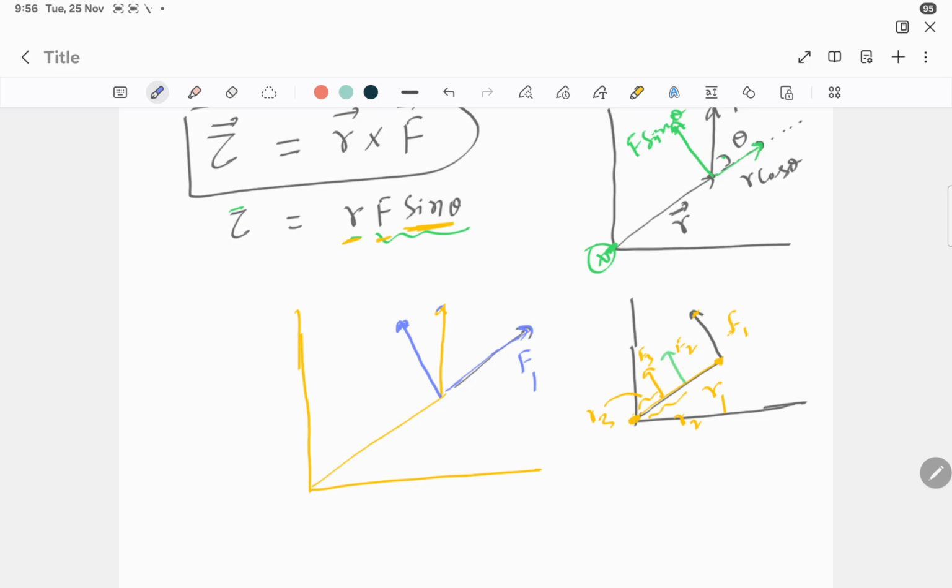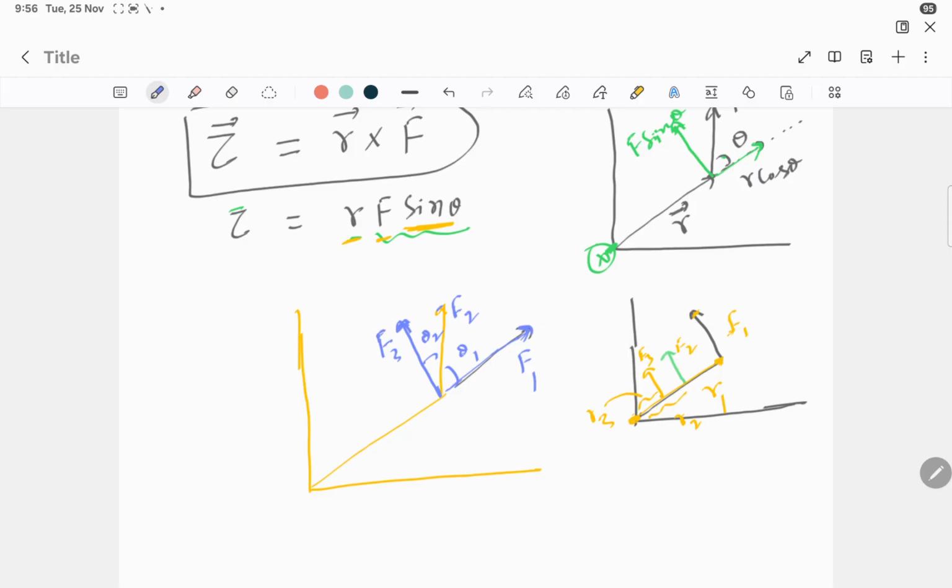F1 has no perpendicular component, F2 has a slightly lesser component, theta 1, F2, and let me call theta 2, F3.